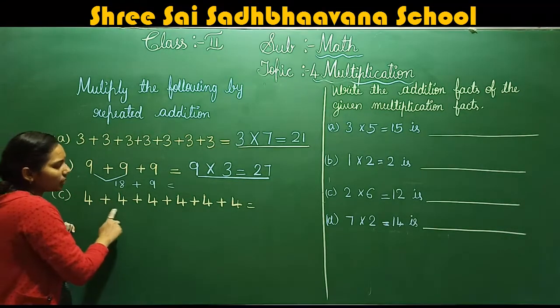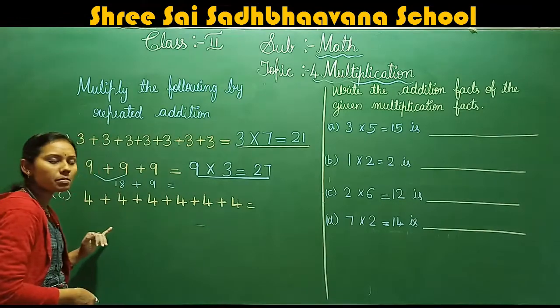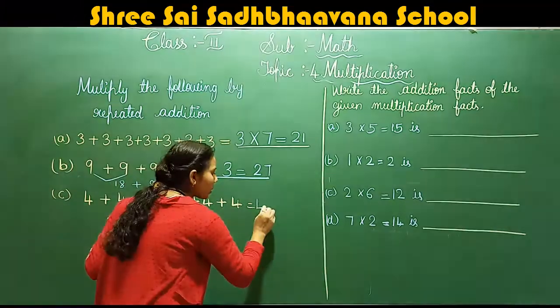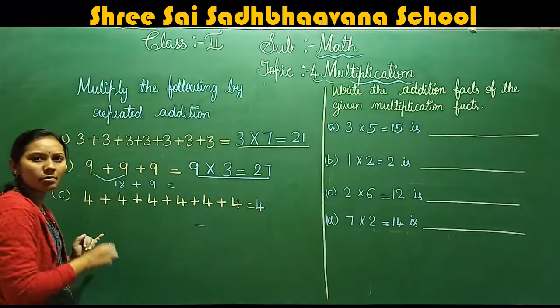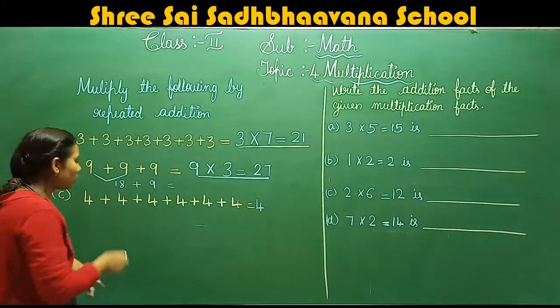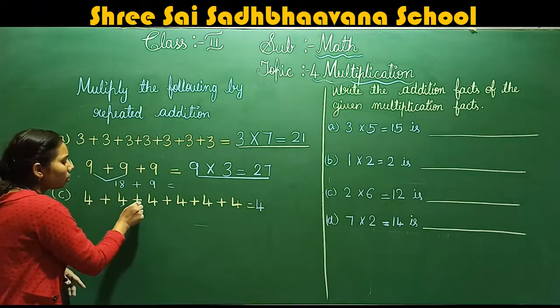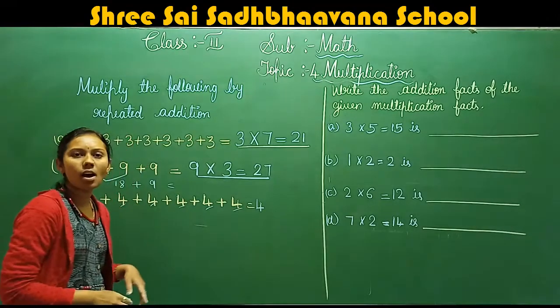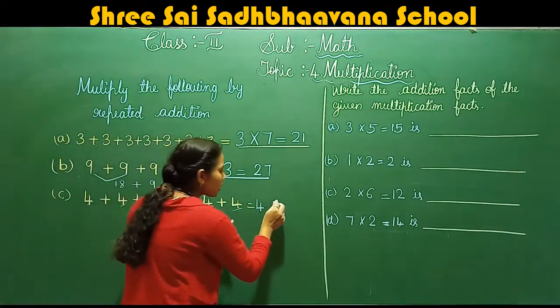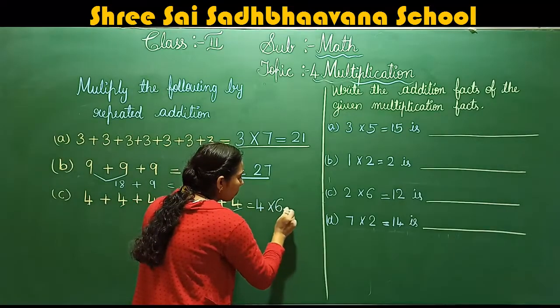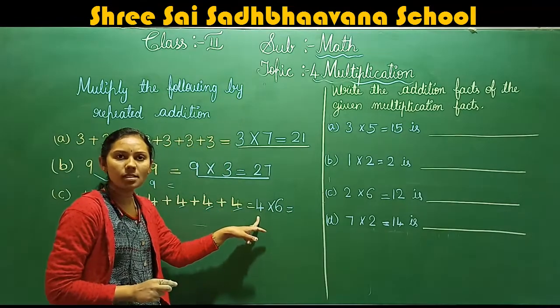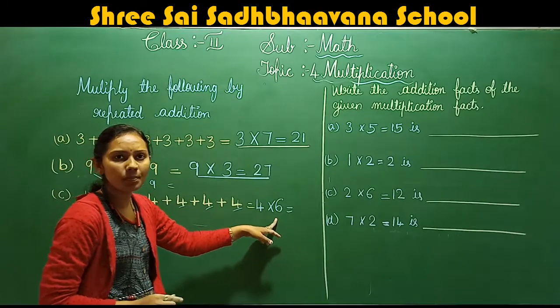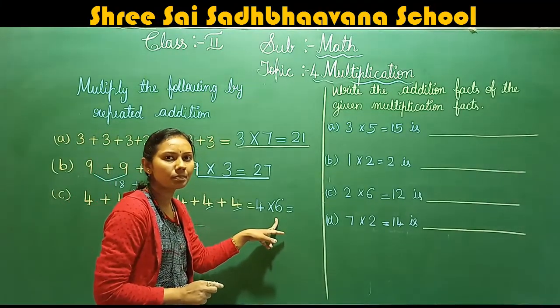Next, one more sum, let us see. You can see the number 4. Which number can you see repeated? Yes, 4. How many times do we have to add the number 4? 1, 2, 3, 4, 5, 6. How many times? 6 times. So what is the answer here? 4 sixes are?